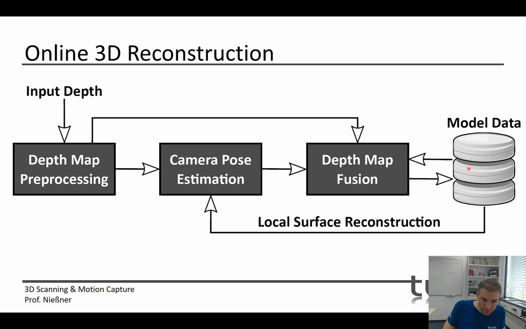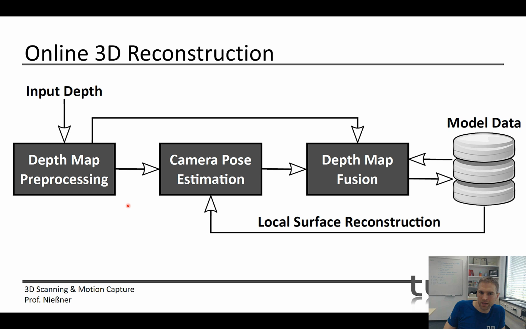So now let's say we're getting another input depth map. What we're doing right now here is a camera pose estimation from this current depth map with respect to our model, just an ICP. From this ICP, we're getting a transformation that tells us how to do a volumetric integration of this new depth map into our model again. And then we update our model accordingly, and then we get the third depth map.